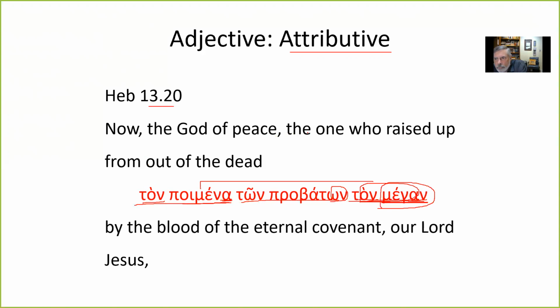So now the God of peace, the one who was raised up from the dead, the shepherd, poimena, of the great shepherd, excuse me, I have to put my article or my adjective with it, the great shepherd of sheep by the blood of the eternal covenant, our Lord Jesus. And so that's how you would see the agreement and be able to know how it's modifying it.